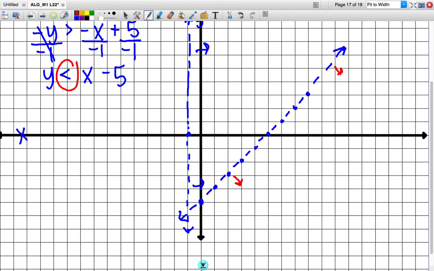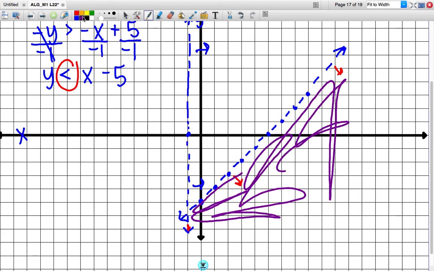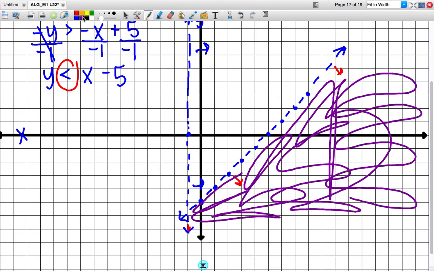So anything to the right of this line here and less than this line would be all of this section right here, and beyond. Because it has to satisfy to the right of this vertical line and below that other line. Use your symbols to know which way you're shading.